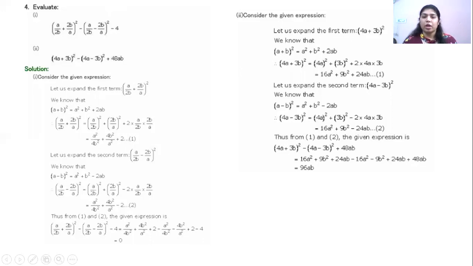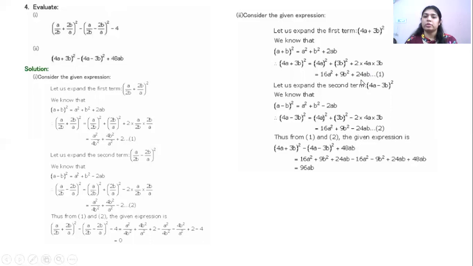Now, again, if you can solve this in the given expression, then you can. Otherwise, just expand the first term, (4a plus 3b) whole square, as (a plus b) whole square. Consider this as equation number 1. Expand the second term, (4a minus 3b) whole square, and consider this as equation number 2.